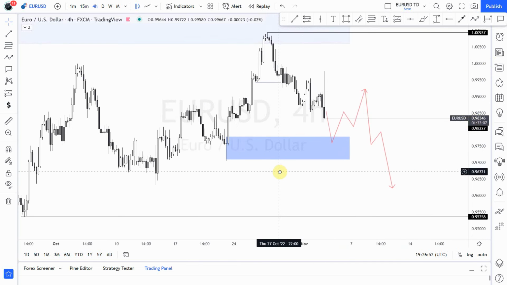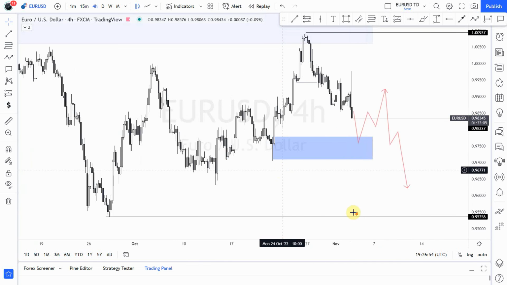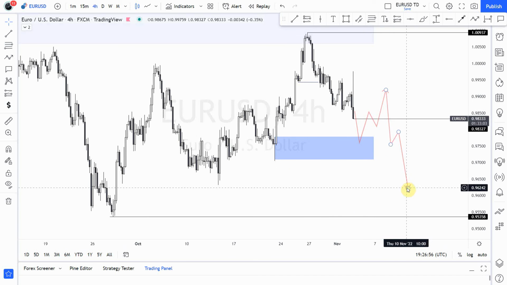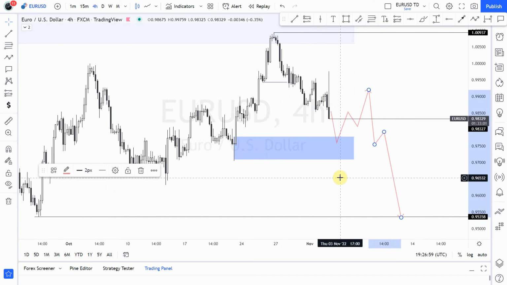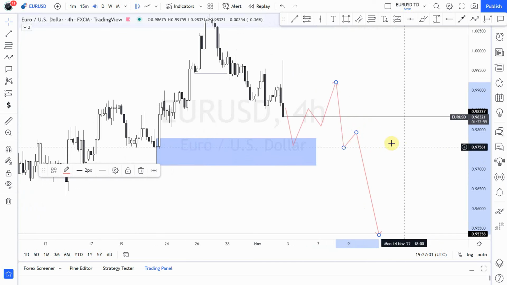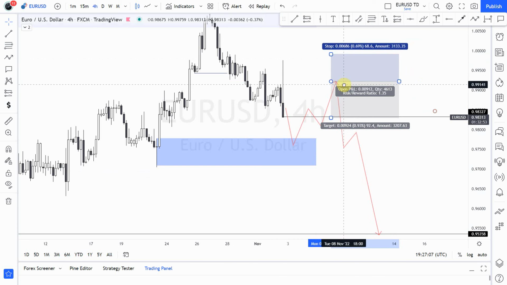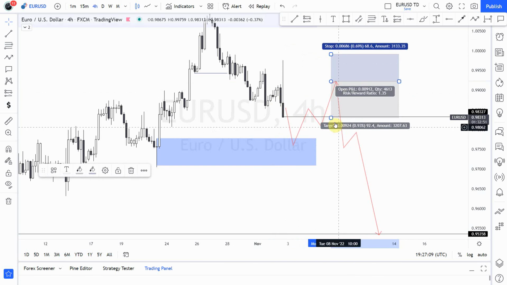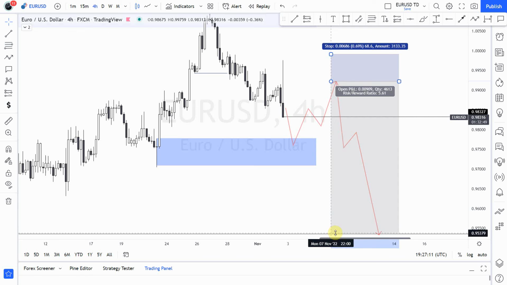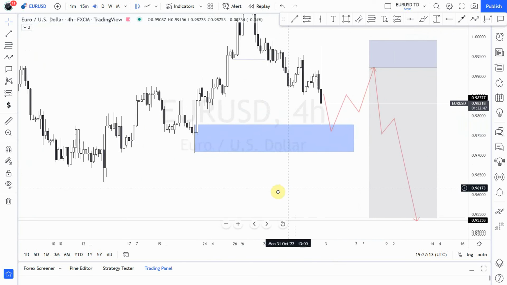So this is how I'll be looking at EU, and obviously the target could be your daily. So any entry within this area, and you're targeting the daily low.